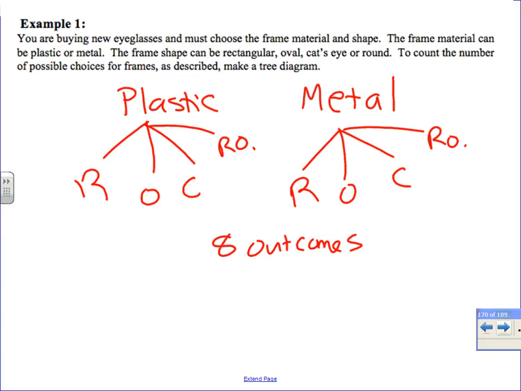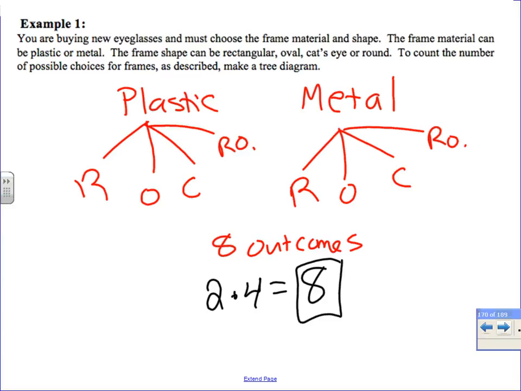Using the multiplication counting principle, what could you multiply? So using the multiplication counting principle, Annalise, what could we multiply? Good. So the multiplication counting principle says, take how many objects there are that we are arranging. In this case, it's 2 different types of frames and then 4 different shapes.